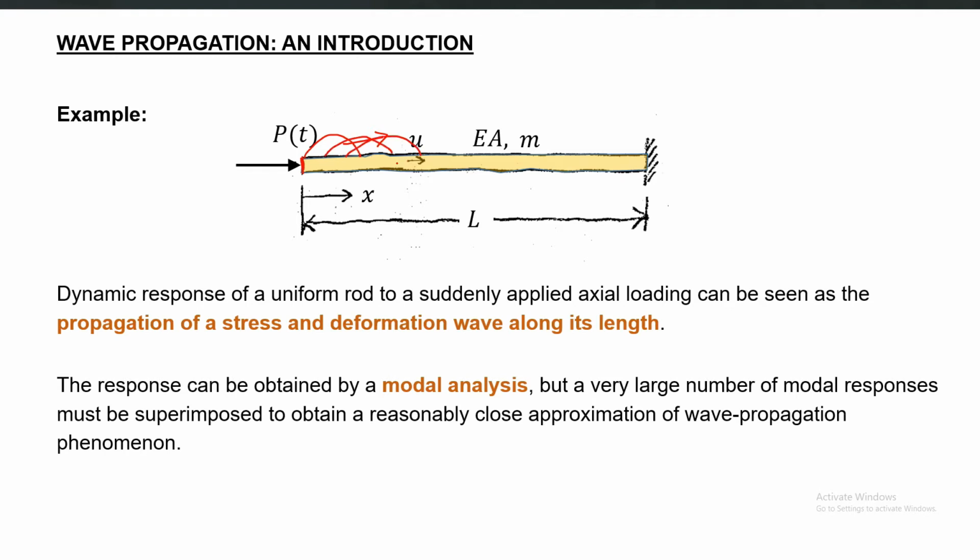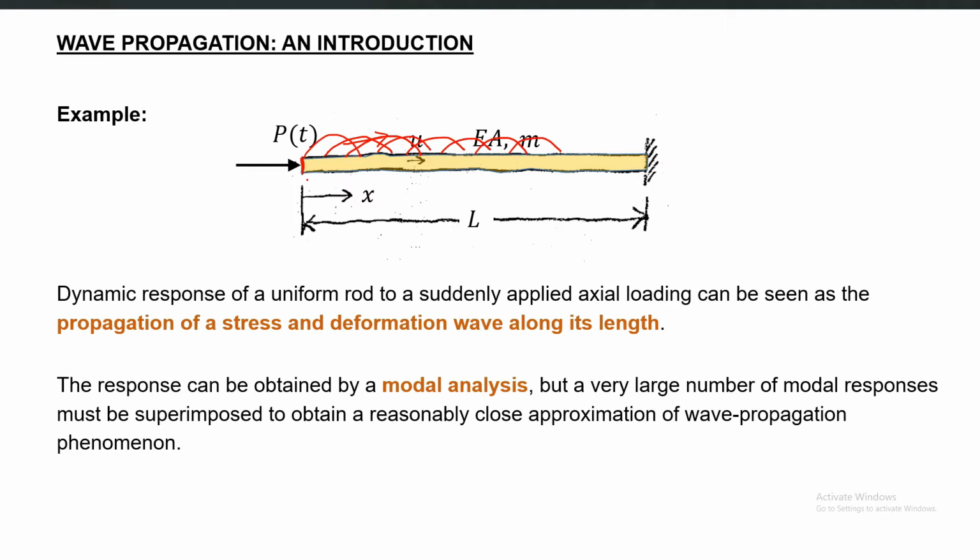So that wave or deformation will keep its shape constant, but it will move along the length. So now we are dealing with a traveling response, a deformation which is moving along the length. That's why we may need to add maybe hundreds of vibration modes to actually capture the complete travel of that displacement which is produced initially at that starting point.